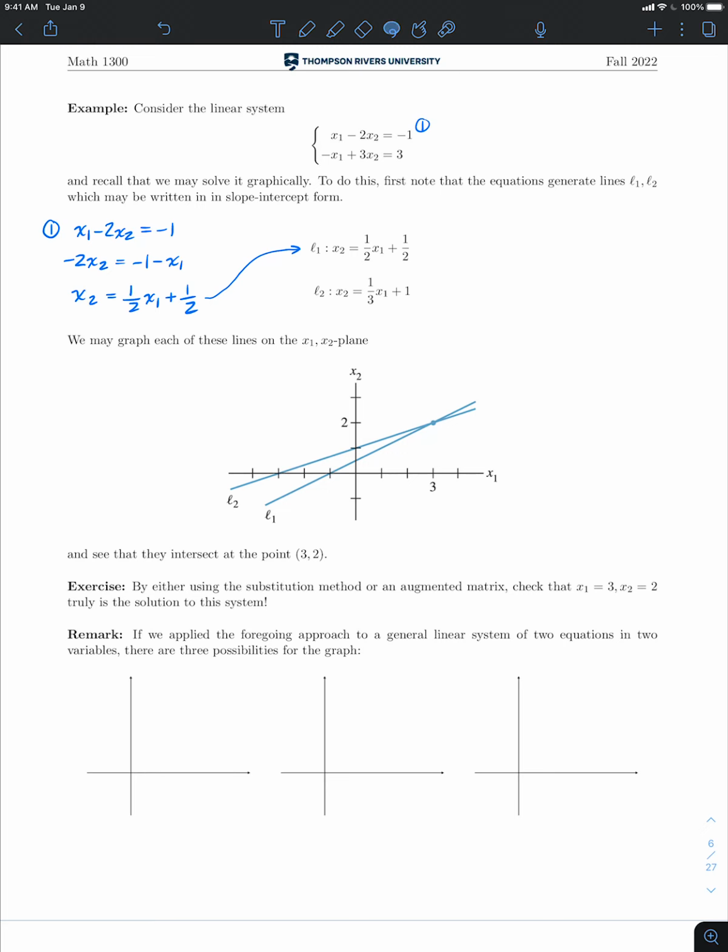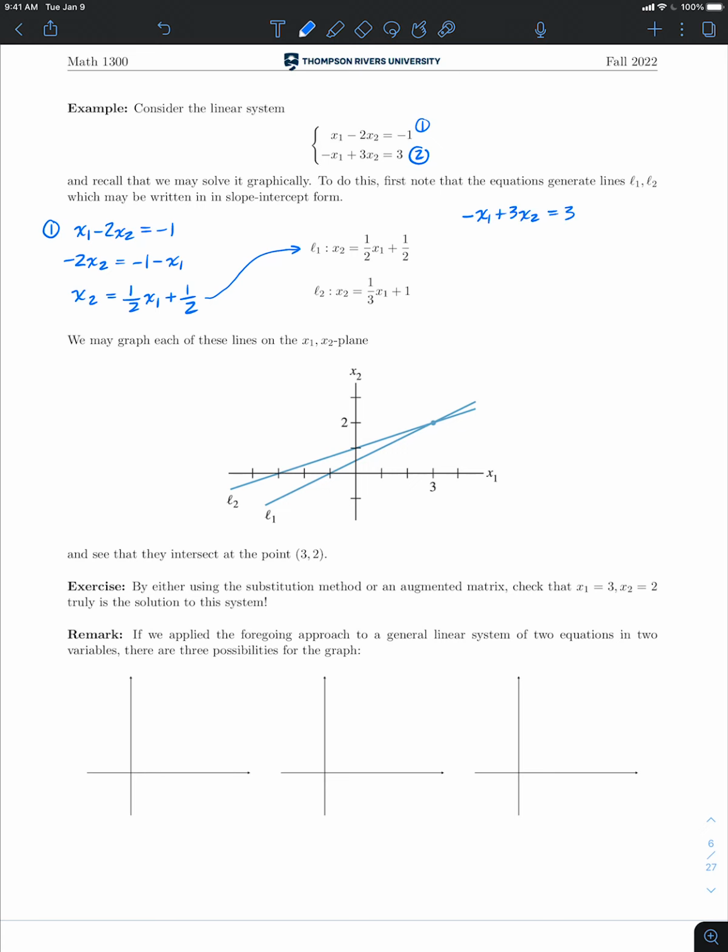You can see that this is the equation of a line in the x1, x2 plane, and I've just given it a nickname, L1. That's all that's happening. But where did this equation come from? It just came from this equation using these steps. We can do the same thing for equation 2 over here, which I'll label as that. I've got negative x1 plus 3x2 is equal to 3.